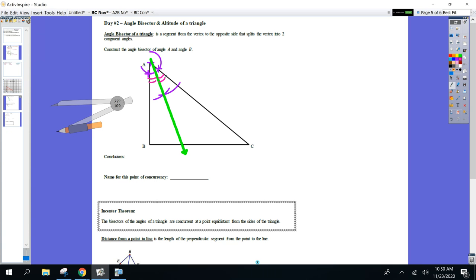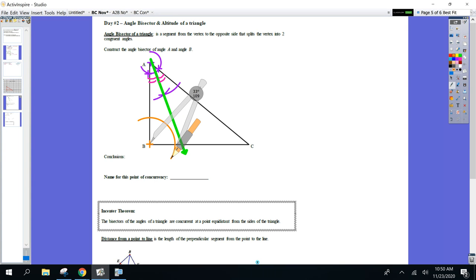All right, let's do it for the other angle, whether it be B or A. Let's do the same thing. Put your compass point on the vertex of the angle you're bisecting. Make your arc mark through again. You can keep your compass opening the same.